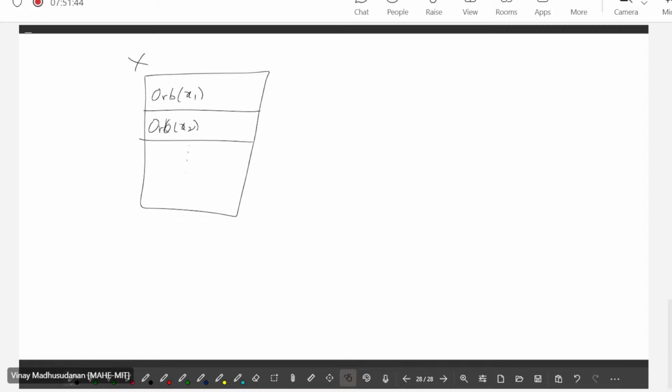So you actually have so many distinct orbits. X is partitioned into these. How is all this related to the stabilizer? How do you relate this to the stabilizer?